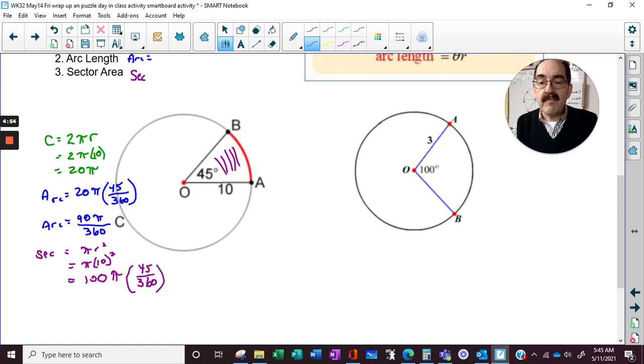And if you think about that, 45, 90, 135, 180, 225, 270, 315, right? So we'd have 1, 2, 3, 4, 5, 6, 7, 8 slices of pie. Just take the 100 pi divided by 8. Okay? If you wanted, keep it simple, 4,500 pi over 360. Calculator can do your simplification for you. All right? So that's that one.